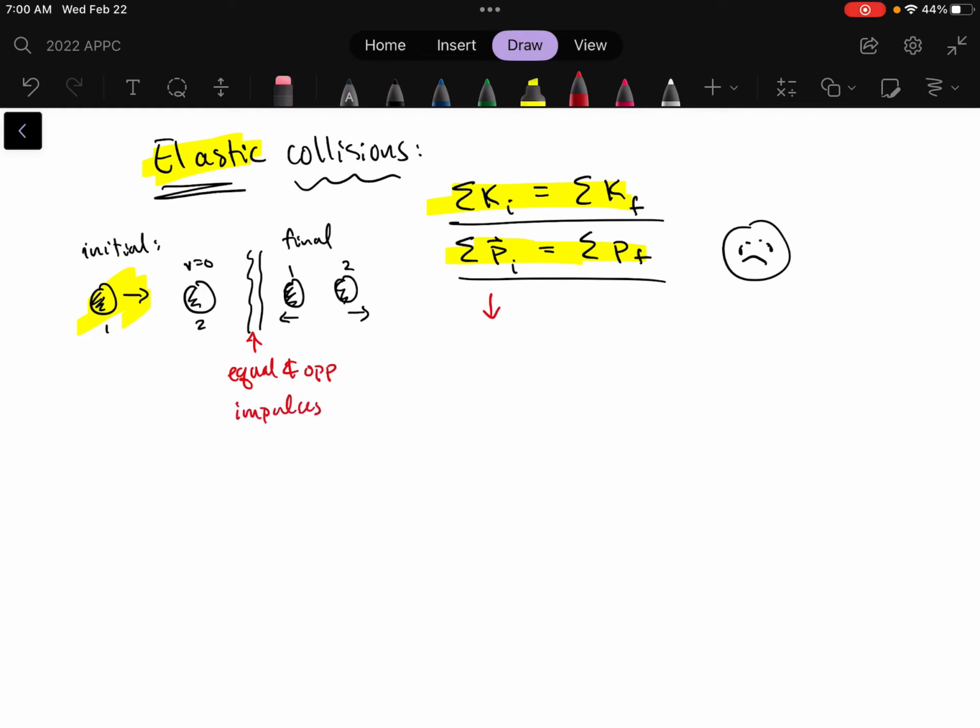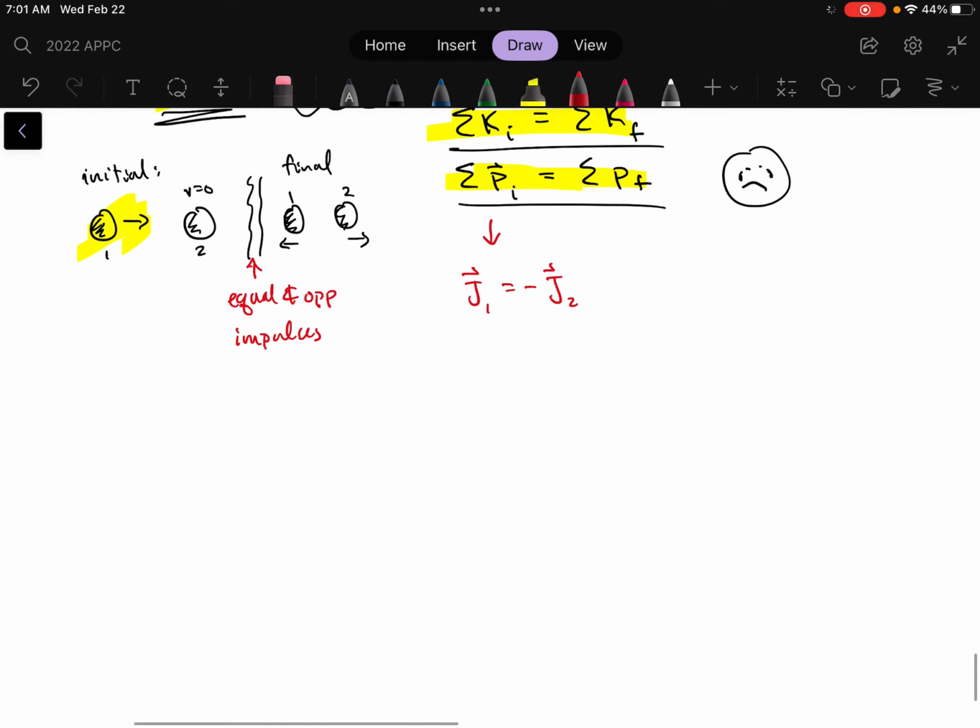And if I say that the j on object 1 is equal to the negative j on object 2, then that means that the change in momentum for object 1 is going to be the opposite change in momentum for object 2. So one gains momentum, the other loses it, or has it subtracted from it.